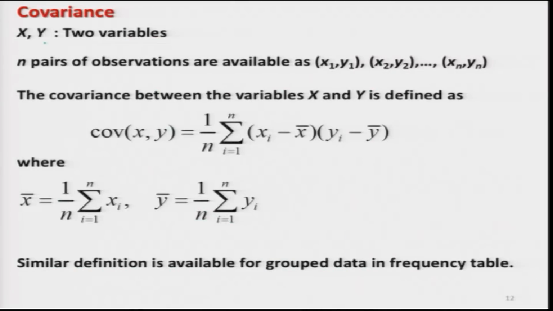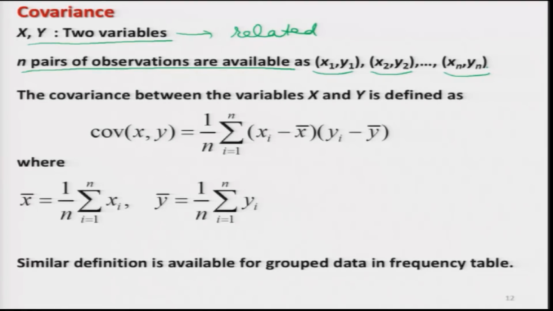We assume that there are two variables which are represented as x and y, and that these variables are related or correlated. Now, we have obtained n pairs of observations on these two variables, expressed as x1 y1, x2 y2, xn yn.